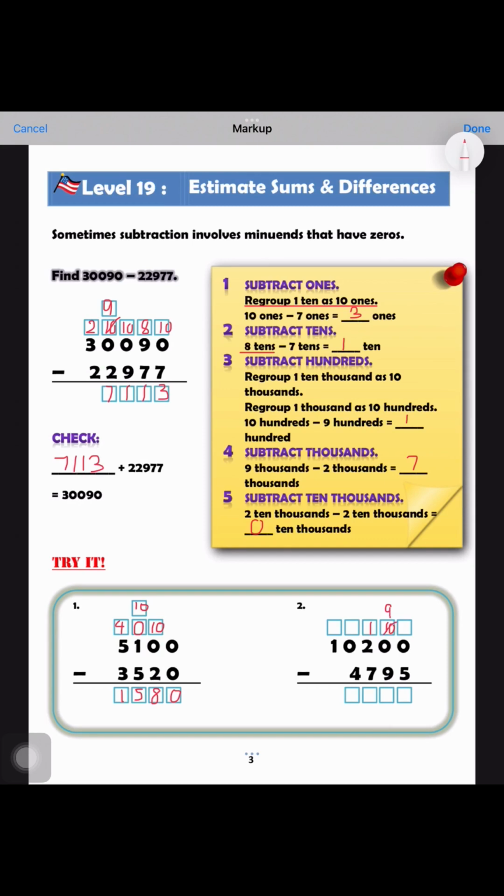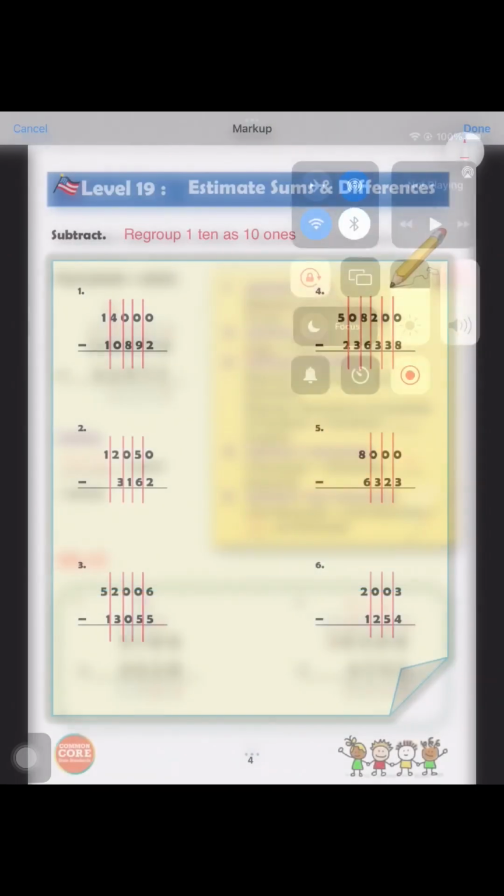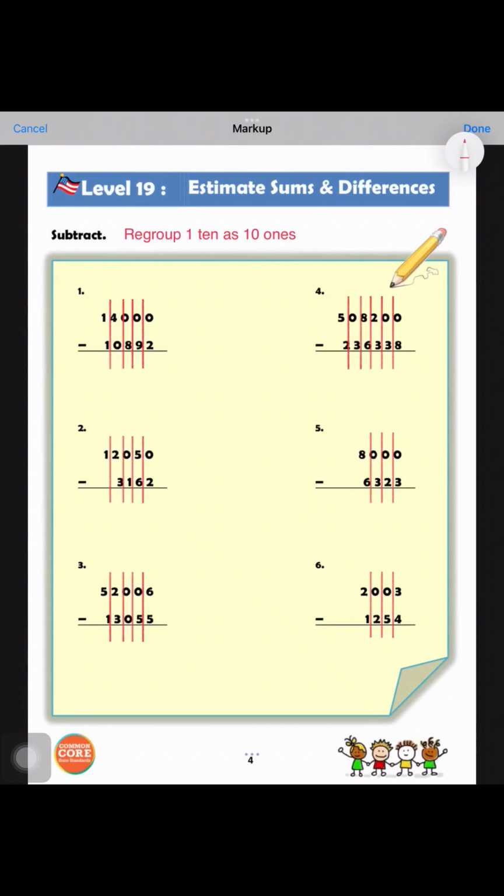For question 2, as it's not enough to do subtraction, we regroup 100 to 10 tens, and the thousands place is not enough to minus 4, so we regroup 10,000s to 10 thousands. Page 4. So question 1, 0 is not enough to minus 2, so we regroup 1,000 to 10 hundreds, 100 to 10 tens, and 1 ten to 10 ones.